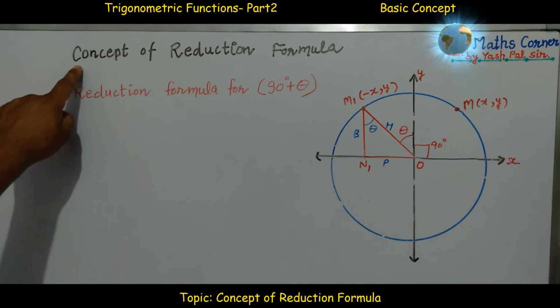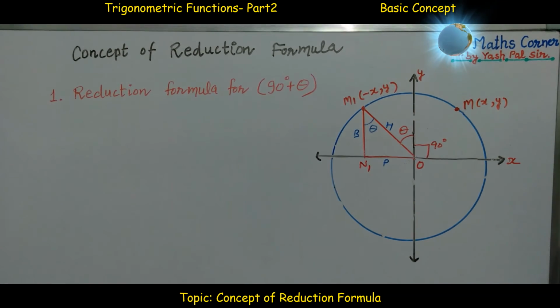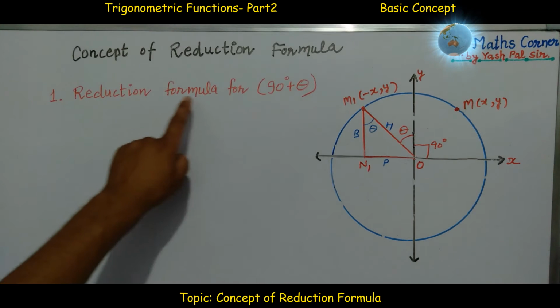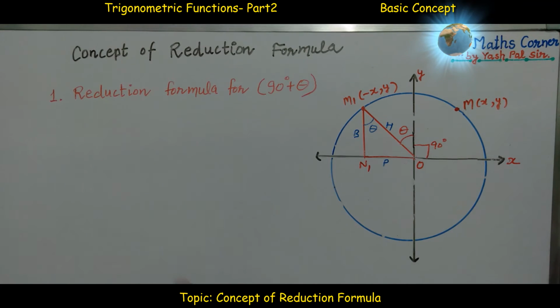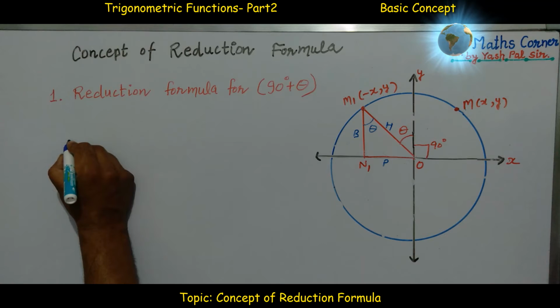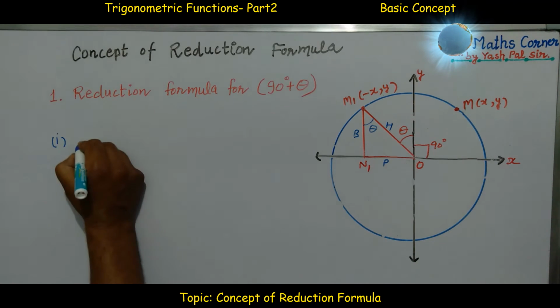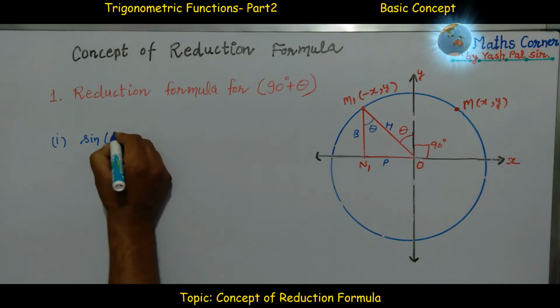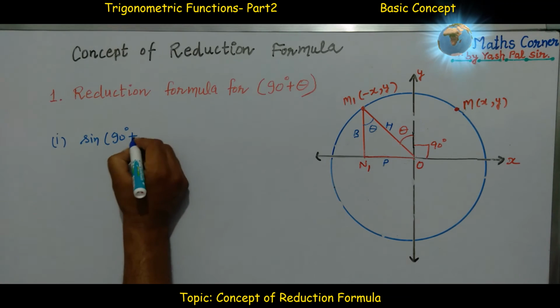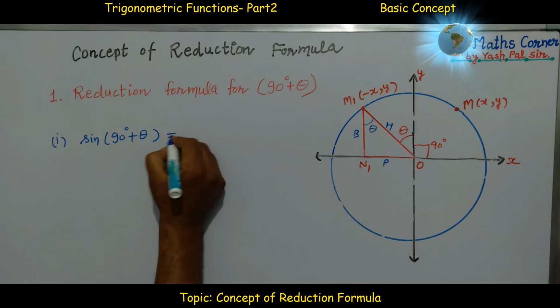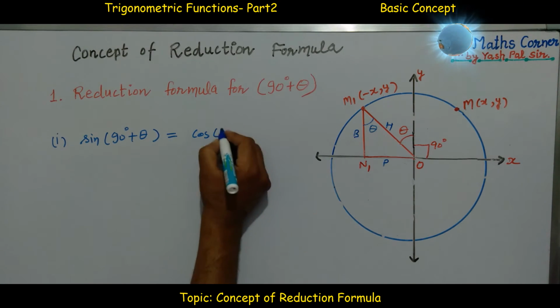So under the concept of reduction formula, the very first reduction formula for 90 degree plus theta has these conclusions. Number 1, sine 90 degree plus theta value is cos theta.